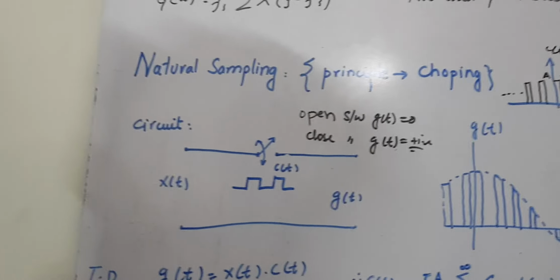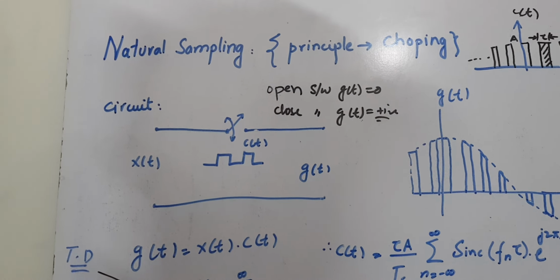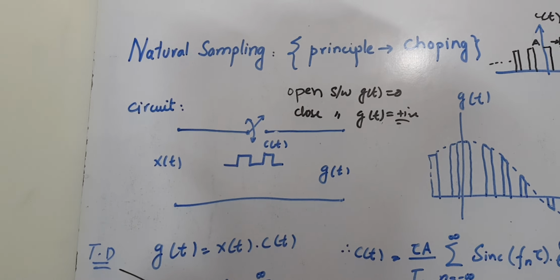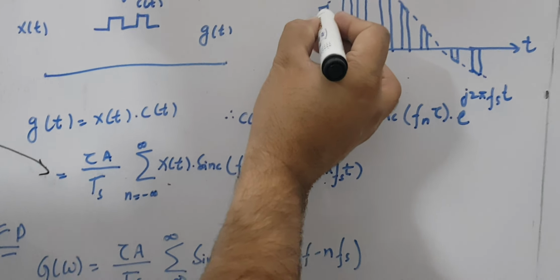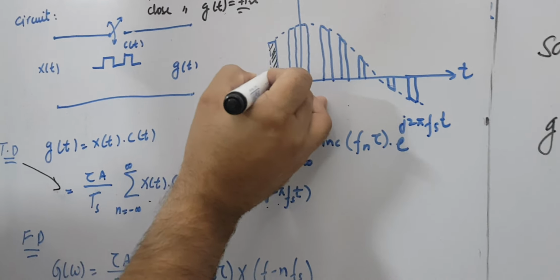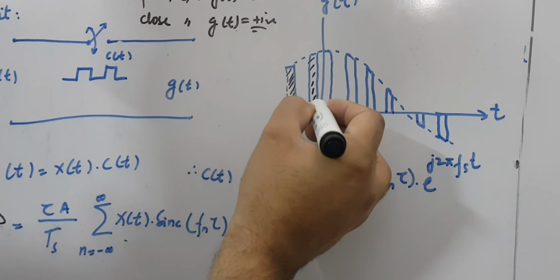The time domain signal you can write as tau A over Ts times x(t) times the sum of sinc(n f_s tau) exponential j 2 pi n f_s t, and you can write the signal in this format. So these are the pulses, this is the chopping type, and these are pulses which have a certain width.